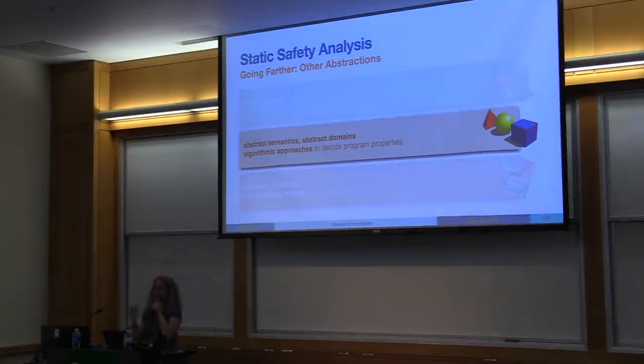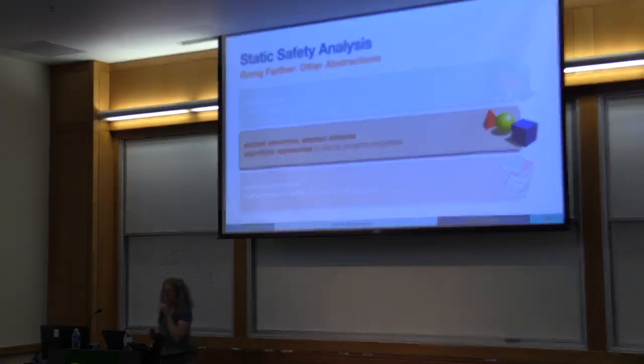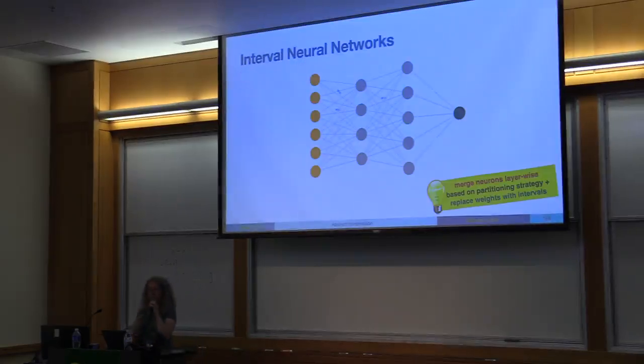Okay, just a mention of other kinds of abstractions. So far we have abstracted the behavior of the model, in a sense. There are other approaches that try to compress the models so that we can use the existing verifiers on smaller models that behave in the same way. For instance, this was one of the first works. I forgot to put the reference, sorry.